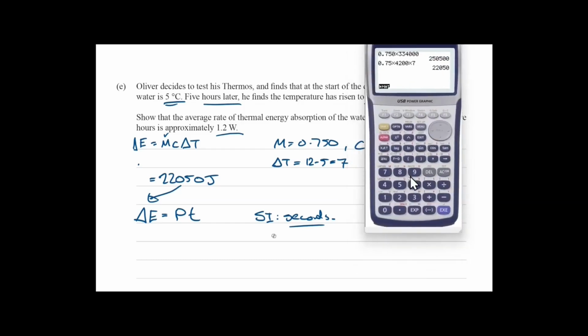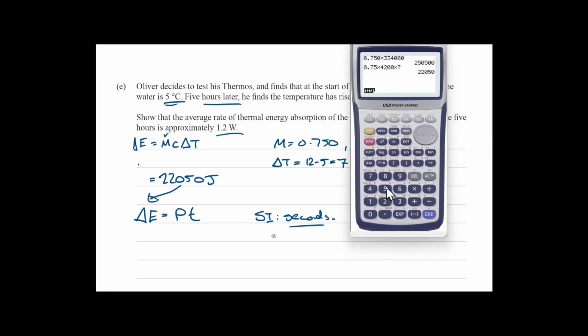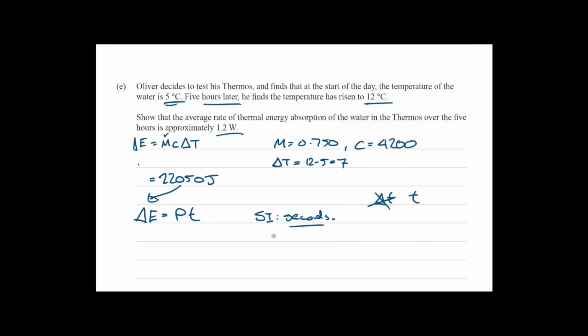So 5 hours times 60 minutes times 60 seconds. So there are 18,000 seconds in 5 hours. So t equals 18,000. And now we have enough information to find the power.